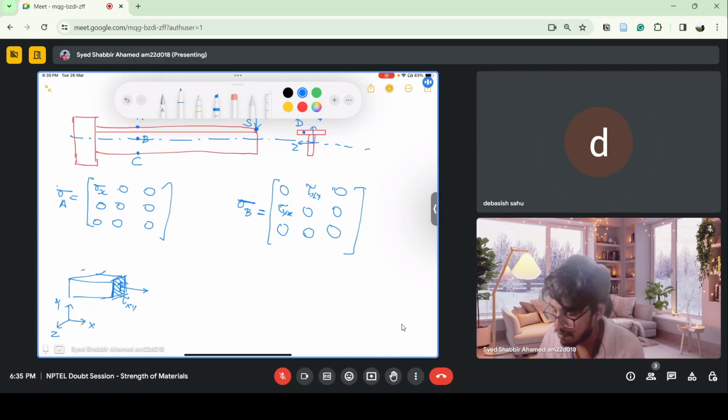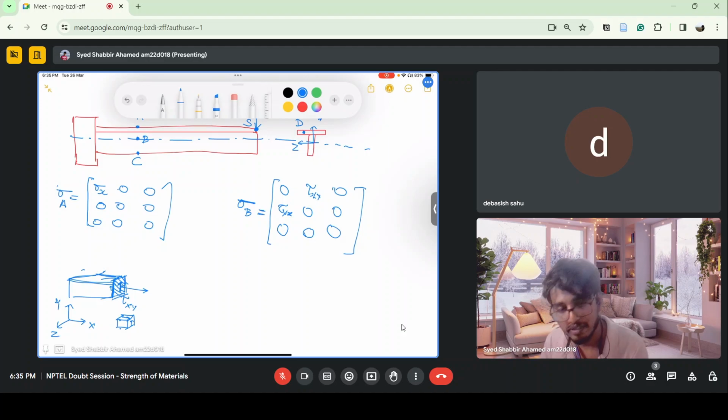For it, there will be a complementary stress, that is tau yx. If I take a small element here, there is tau xy and tau yx. Because this is the y plane: this plane is in the y direction and has the y-axis as its normal.